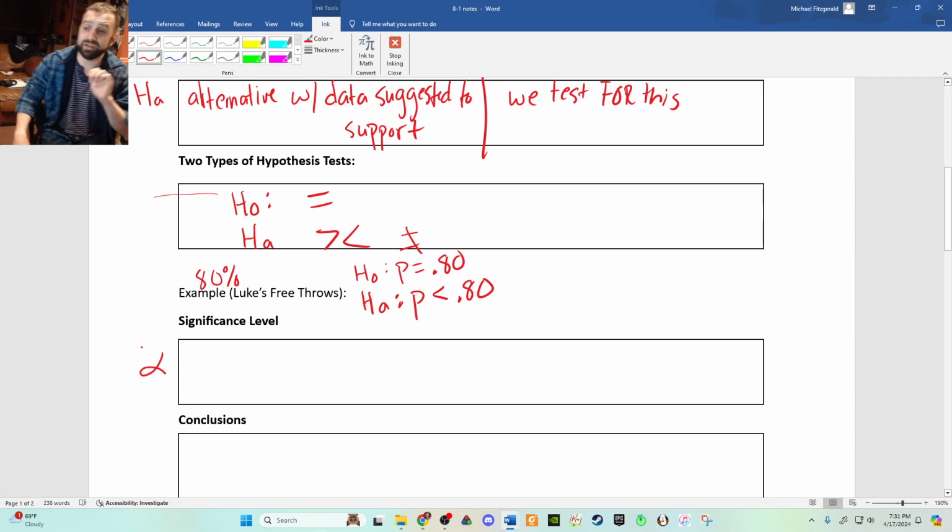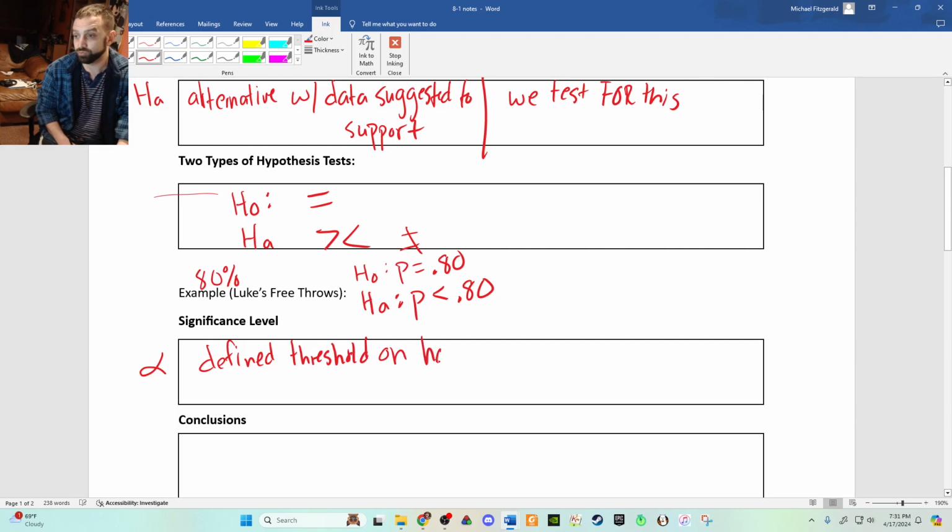Just like where we have in confidence intervals a defined confidence level, this significance level is that defined threshold of whether or not we're going to say there's evidence against the null, on how to conclude against the null.